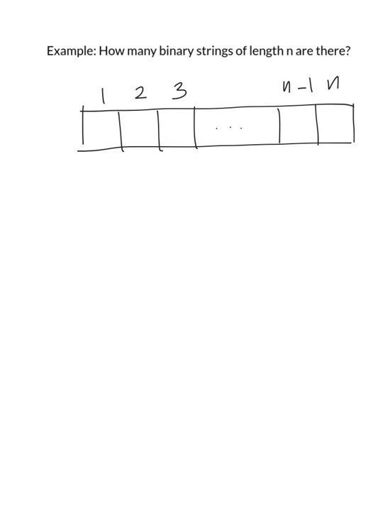And these are objects of different types because they are totally unrelated to each other, and by repeating the product rule for 2 positions, then for 3 positions, and then for n positions, we find that the total possibilities for all the strings, for all the ways to have objects of the type which consists of the ordered n-tuples of these single cells, if I want to use that terminology, is just 2 times 2 times 2 times 2 times 2, and this will be in total 2 to the n.